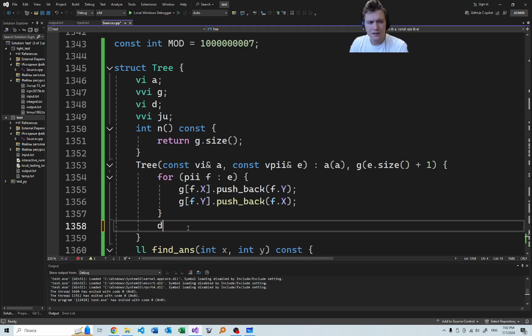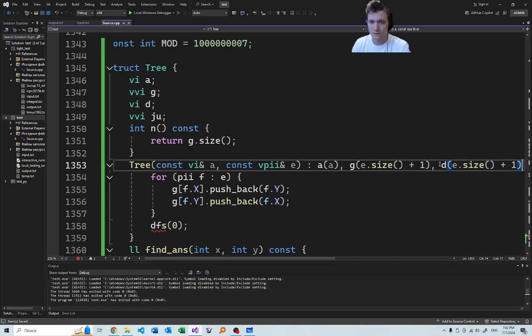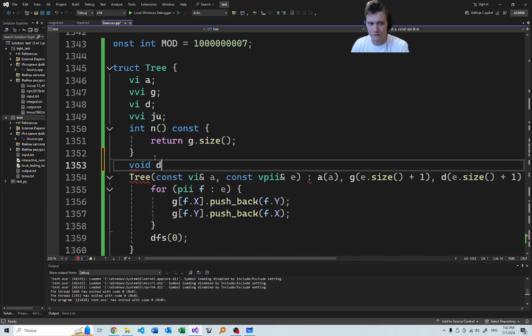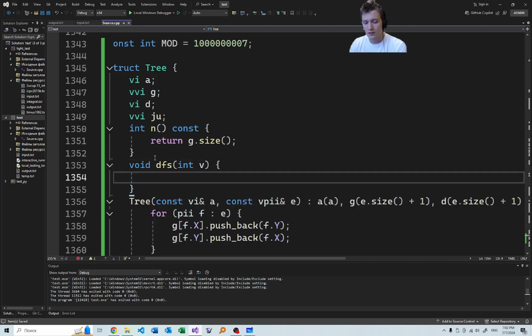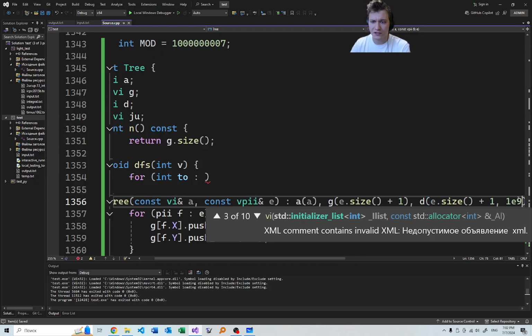So let's run a DFS. What does it do? Actually let's fill it with -1s or with infinities, actually better.